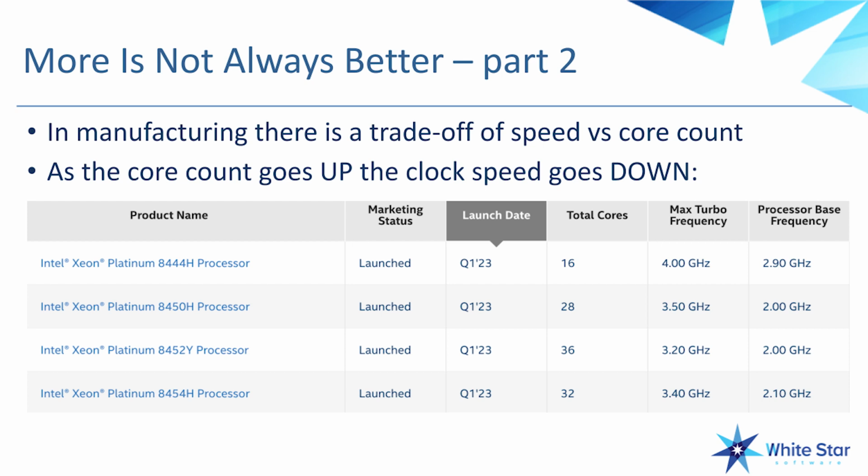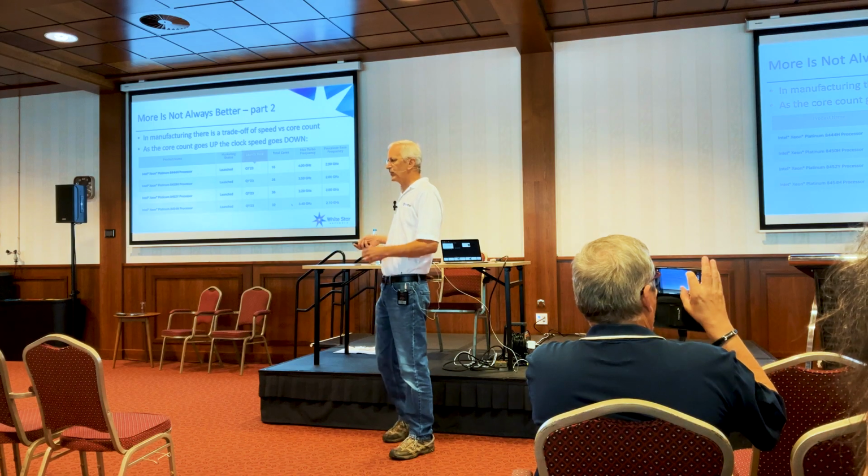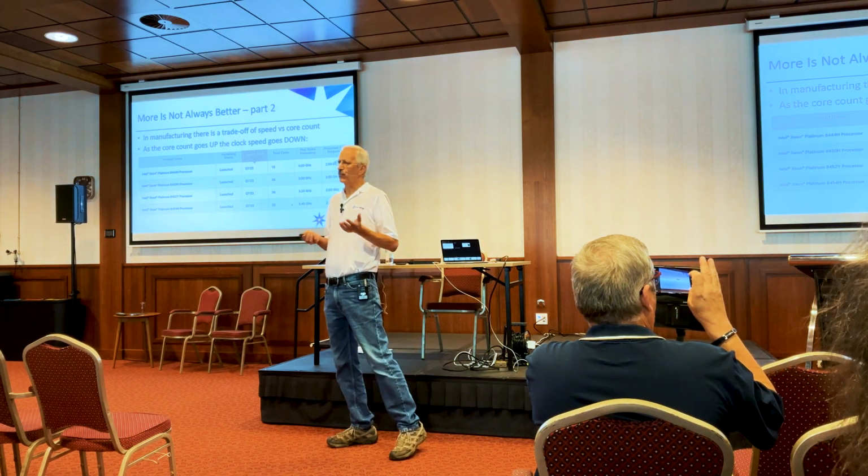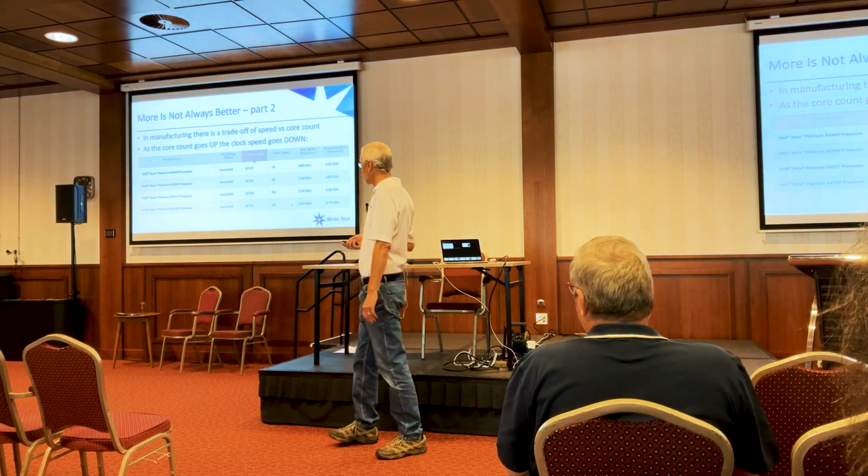So generally speaking, when you look at the product offerings, you'll see that relationship. The total number of cores is related to the frequency that you can run the chip at. And the more cores, the slower that chip is going to be. So you generally want the smaller number of cores running at a faster speed. You'll get better throughput that way.